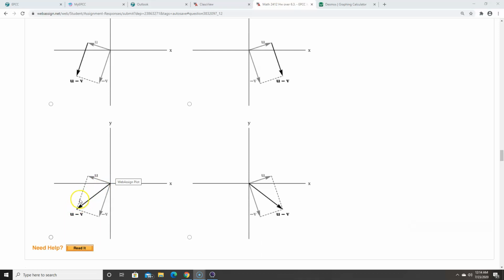And so I hope you remember that it's this one. So this was the negative v, and then we started from the starting position to the end of the negative v. Like, what's this part for? That's if you would have gone the other way and you would have started with this negative vector v first, go down at the terminal point of this one, put the other vector u, move this initial point right here, and move in the same direction as vector u is, and that would also get you to the end.